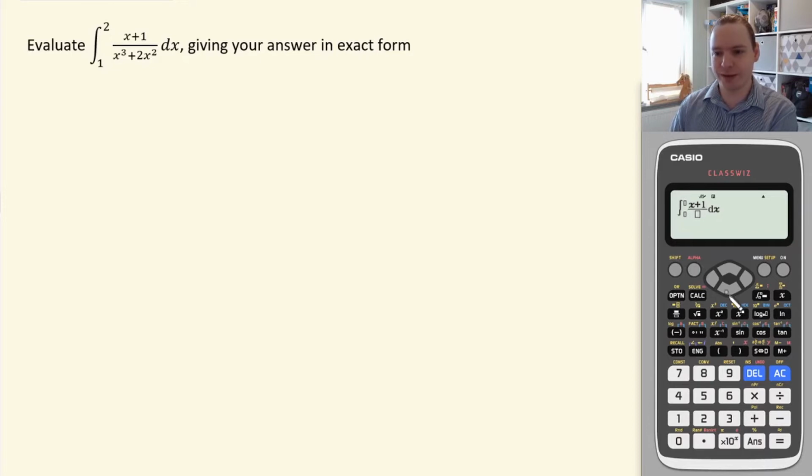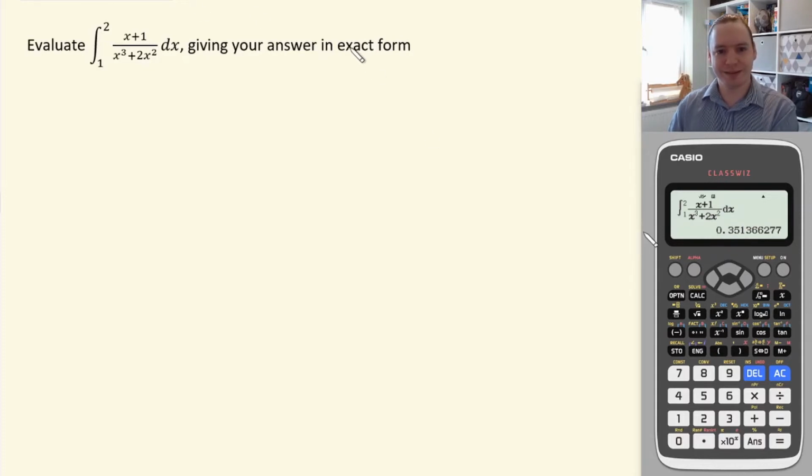So if I type in x plus 1 over x cubed plus 2x squared, and then I want to integrate it between 1 and 2, and I hit equals, it does the integration absolutely fine, no problem with that, and it gives me 0.351 and so on.